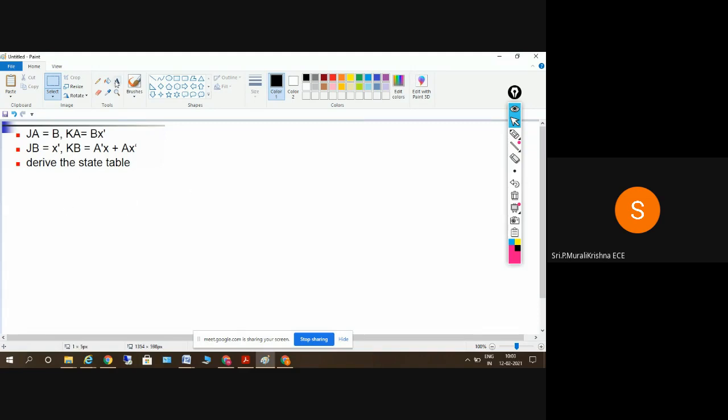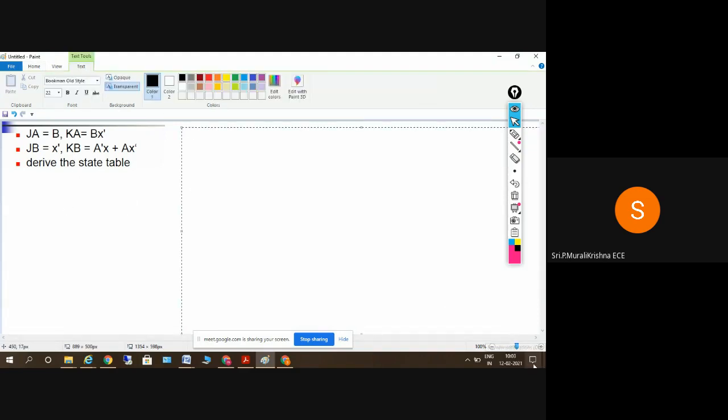We have to derive the state table here. The state table should consist of these values: the present state, A and B, and the input.